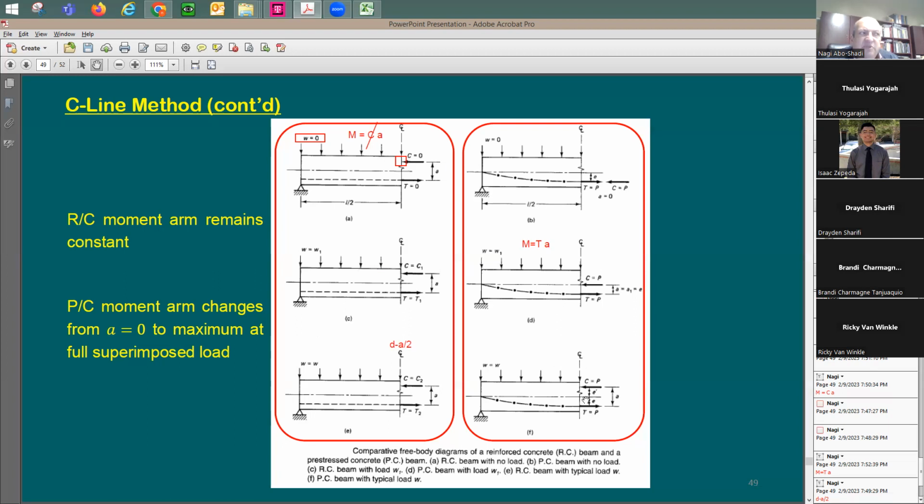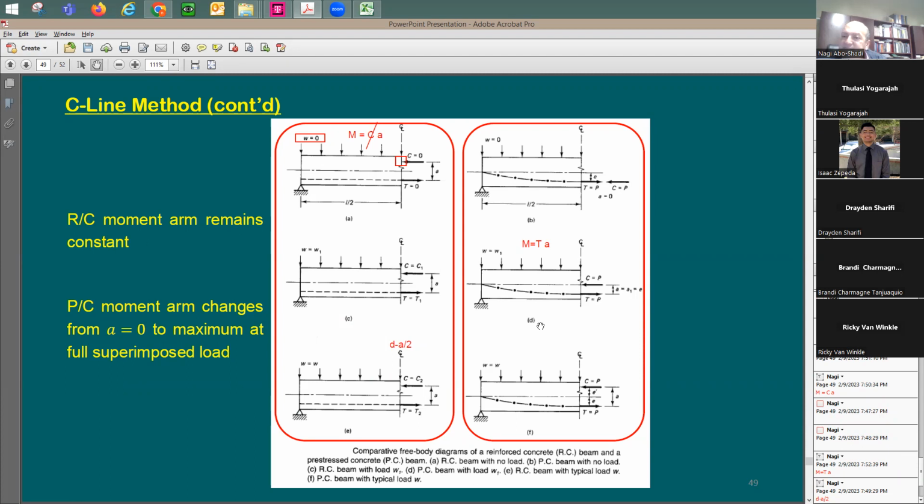But in here, the system is completely different. When you add any loads, you are not changing the tension force in the strands. The change is going to be minor. It's going to be almost nothing. You can just ignore it if you like. But what's changing here is the location of the force, because you are playing here with the compression force location relative to the tension force, with this A.